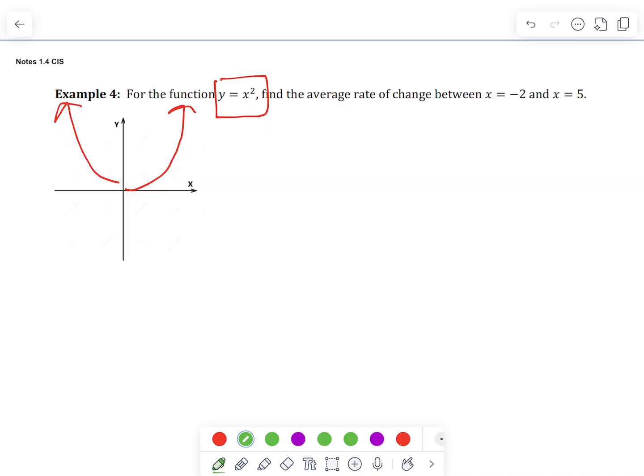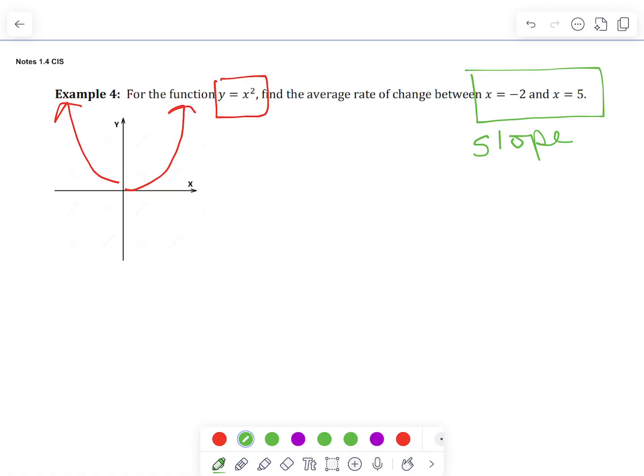So what we're doing is we're looking for the slope between -2 and 5. So what we do is we find the line between those points.